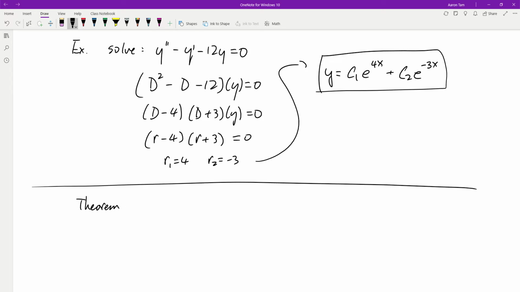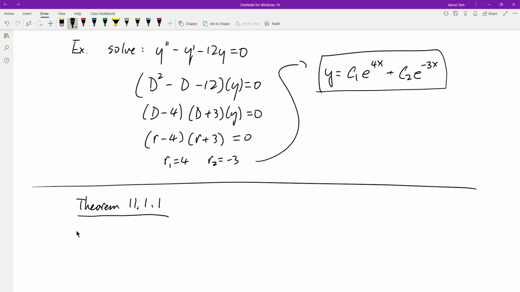This is theorem 11.1.1. This theorem will be expanded upon a little bit later on because while it basically covers all cases, we will also have to talk about what happens when we have complex solutions. That will be expanded on in 11.2. But for 11.1, we can definitely state the following.